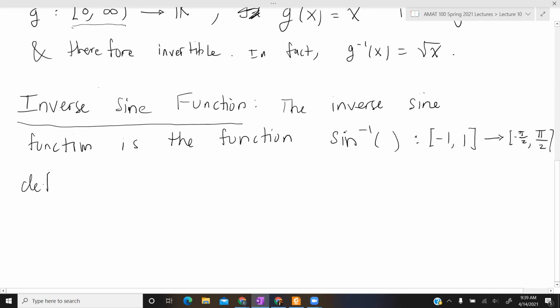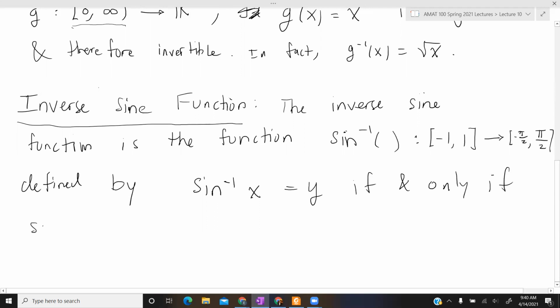defined by, and none of this should be mysterious, because this is basically by definition what it means to be invertible. If you go back and look at the general definition of an invertible function, this is just the definition applied to the sine function. It's given by this: sine inverse of x is equal to y if and only if sine y is equal to x.